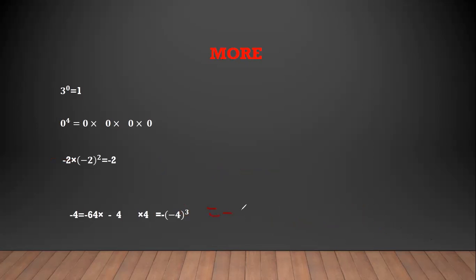So the product will be negative 64. When the base value is negative and the power is odd, it will be a negative number. When the base is negative and the power is an even number, it will be a positive number, okay?